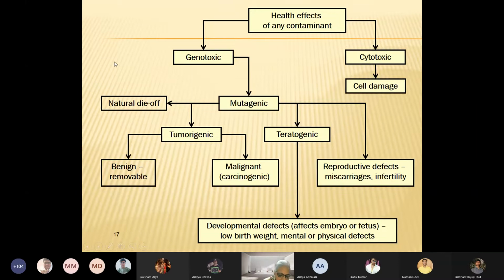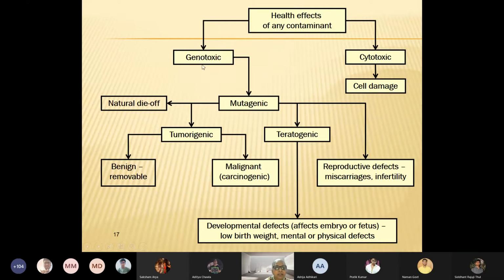Now, like I said, we need to define a few things for understanding the next set of terms. So whenever we think about the health effect of any contaminant, we use certain terms. There are two categories over here. The first two categories are genotoxic and cytotoxic.